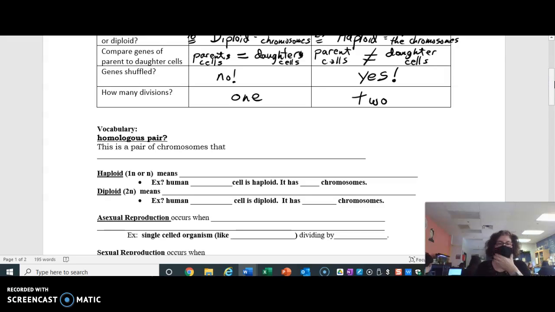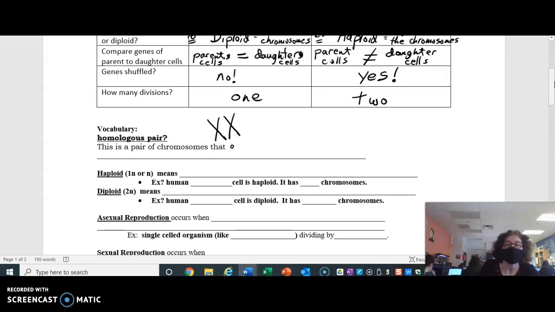Vocabulary, a little bit of vocabulary here. A homologous pair of chromosomes would look like this. Exactly the same size and shape. Let me finish this.